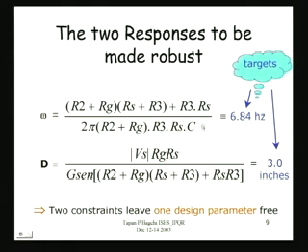The equations tell me right away that it is possible for me to find the values of R2, R3 and C in such a way that I meet this objective when I am satisfying the target requirement, and also I am able to satisfy this objective when I am meeting the deflection requirement. Notice here I have 3 variables to play with, and I've got 2 constraints, and therefore one design variable remains free, and that's the one I'm going to exploit. When I'm seeking robustness, I'm going to exploit that, and I'll show you in a minute how I do that.